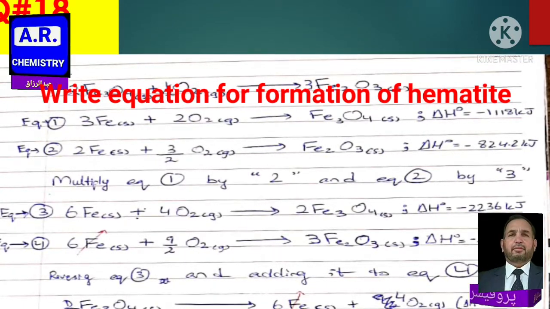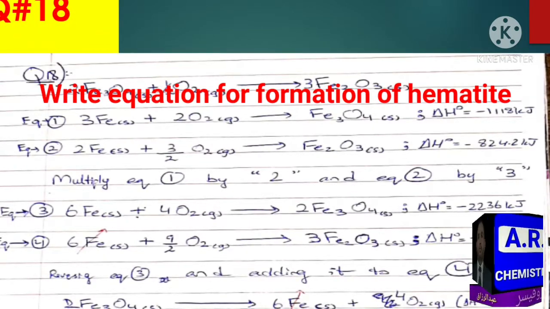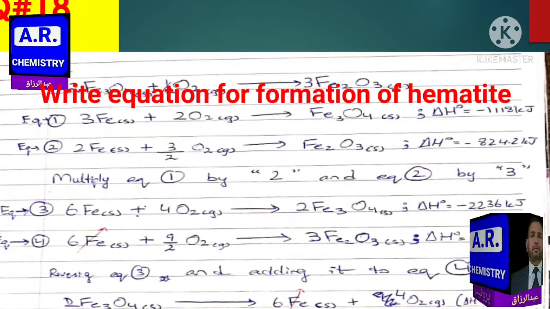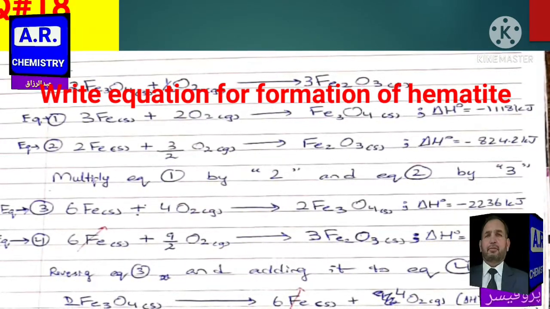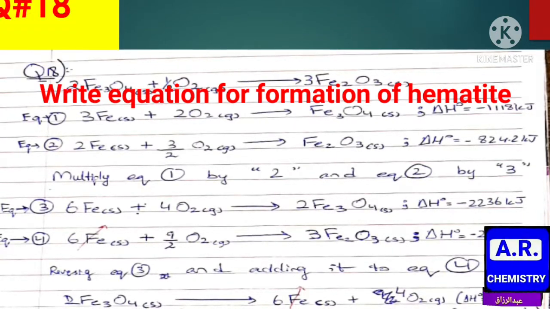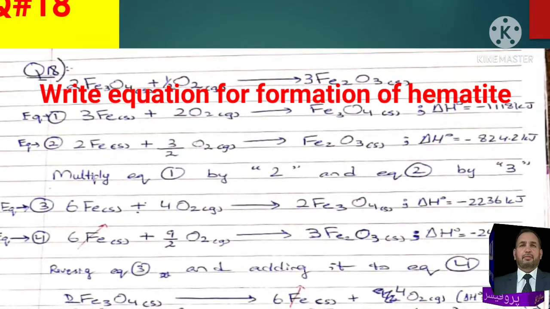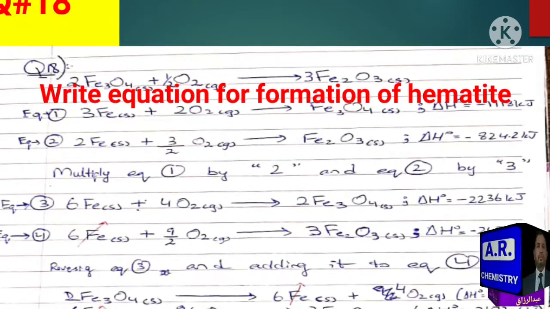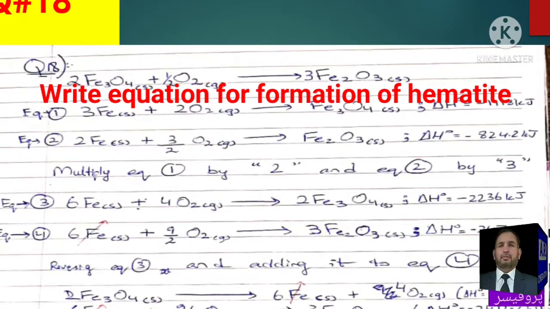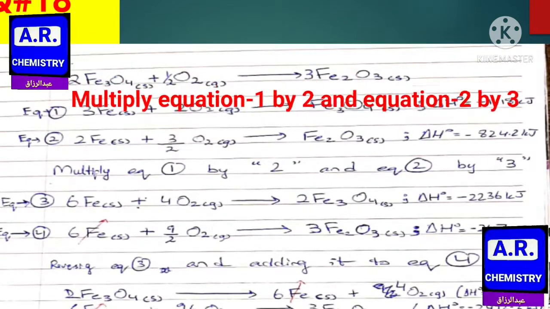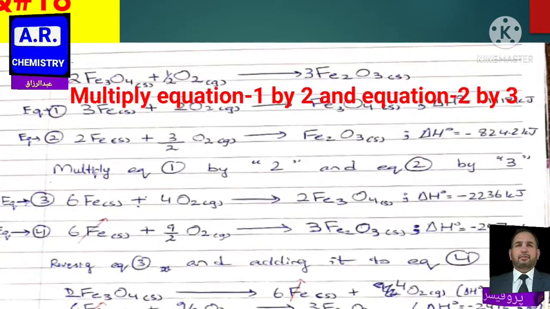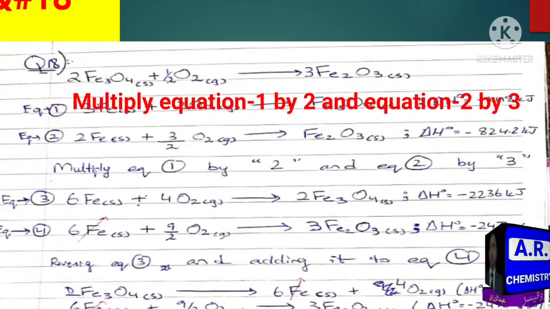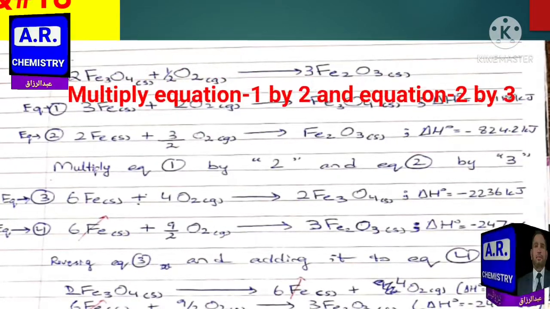Balance it: 2 iron, 3 by 2 O2, that would be equal to 3 O, and in the product side you will have Fe2O3 only. After that, you are to multiply equation 1 by 2 and equation 2 by 3.